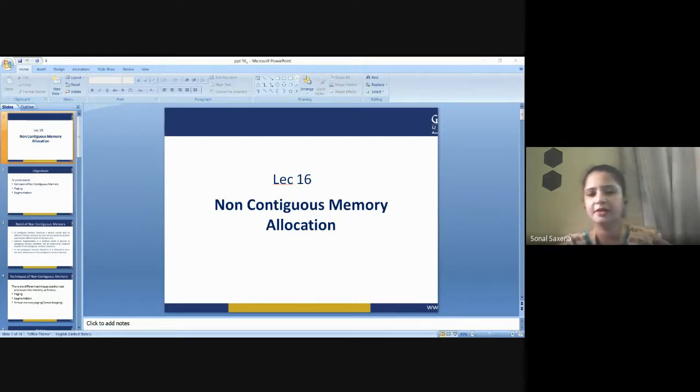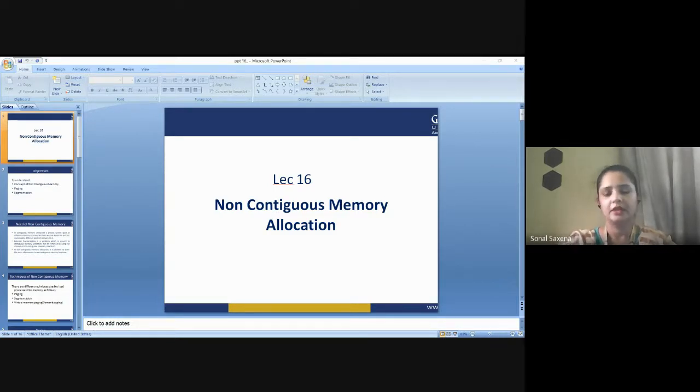The broad concept is that we are not going to allocate the process a sequential space. We'll give it space wherever possible in the memory, so as to overcome the external fragmentation which occurs in contiguous memory allocation.